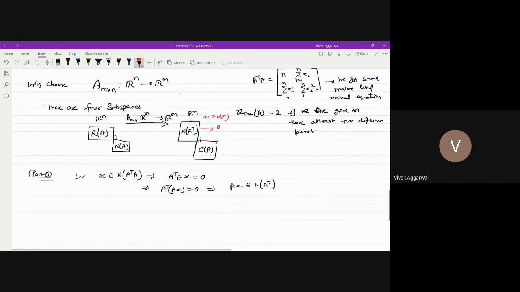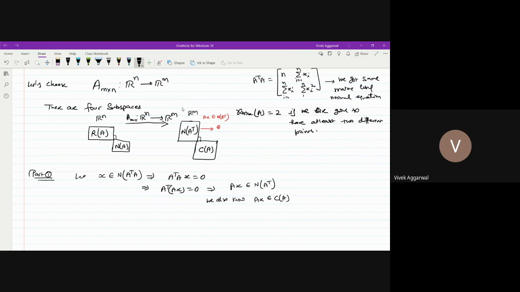Now once I have this value, we also know that Ax belongs to the column space of A. Because if you see this one, Ax is what? You are just taking the x components and multiplying the columns of the matrix A. That is the way we do the multiplication.